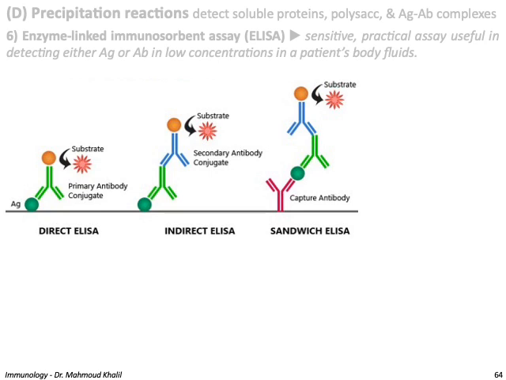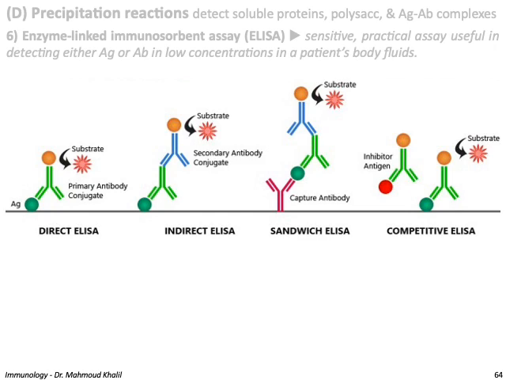In case of sandwich ELISA, that's a major difference, because in the last two, the direct and the indirect, you can see that the antigen is coated on the surface, while in this case, the antibody, which is specific for the antigen, is coated on the surface, and then you incubate with the antigen, then you add the antibody conjugated with the enzyme that needs the substrate for the signal.